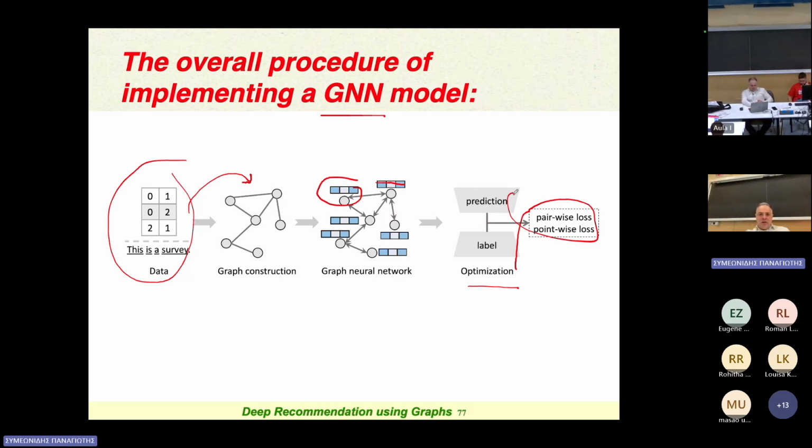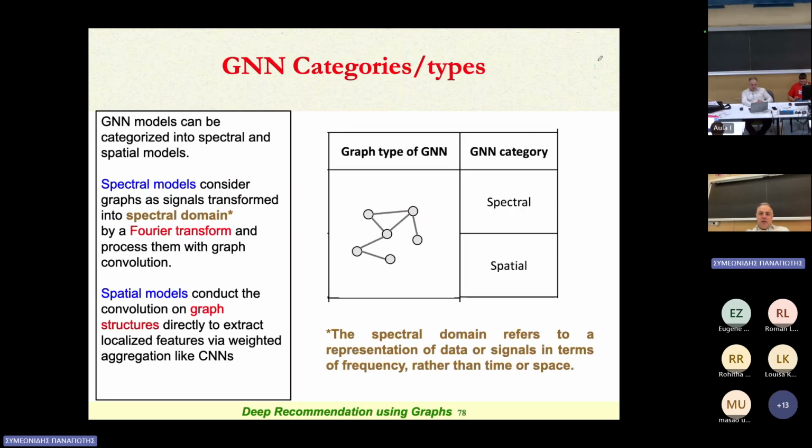Of course, the GNN models can be divided into two big categories: the spectral models, where the graphs are transformed into signals, and this means that they are inserted in a spectral domain by using the Fourier transform. In this case, the spectral domain refers to the representation of data in terms of frequency and not in terms of time or space. So we have a transformation of the initial graph to represent it as a signal.